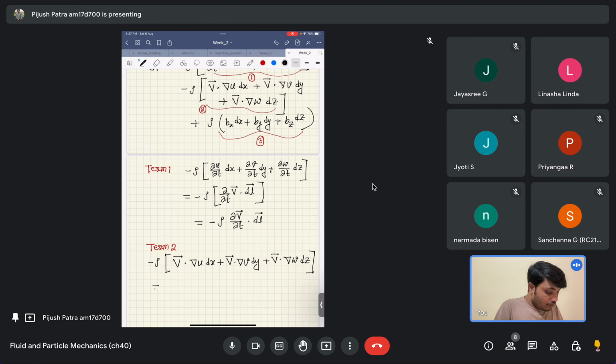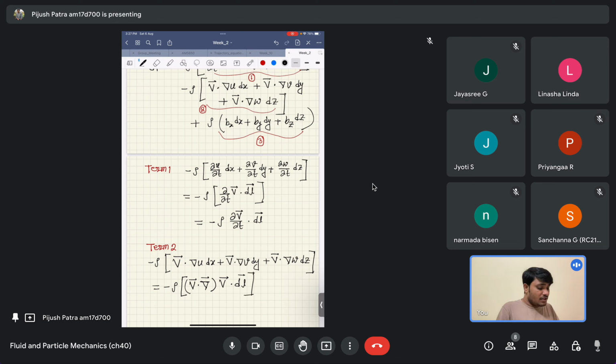It will be minus rho, just check if I can write it in this way or not: minus rho v dot gradient operator, into v dot dl. Can I write it in this way?